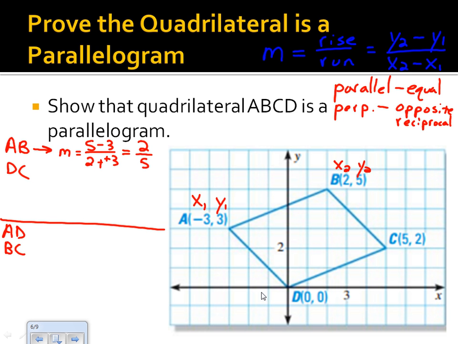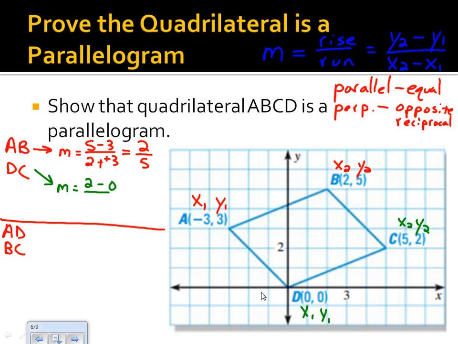I'm going to do these fast because we're running out of time here. Now we got to do DC. So for DC, this is x1, y1, and this is x2, y2. This one's going to be super easy. M is equal to, what's y2? 2 minus, what's y1?